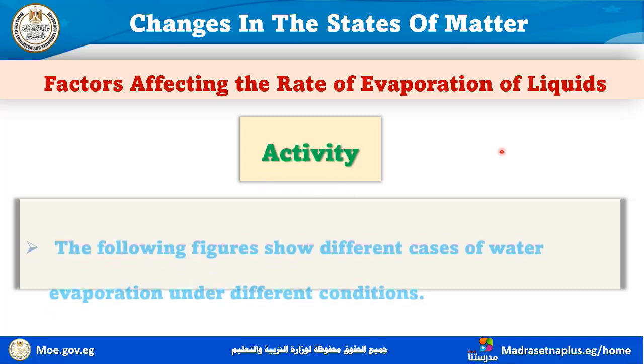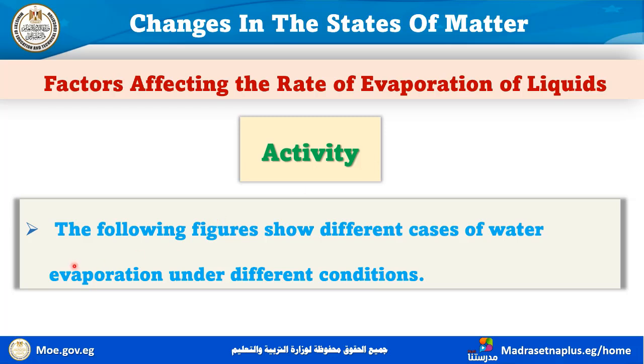In our activity, we will observe and study the following figures to show different cases of water evaporation under different conditions, and we will conclude the factors affecting the rate of evaporation from our observations.